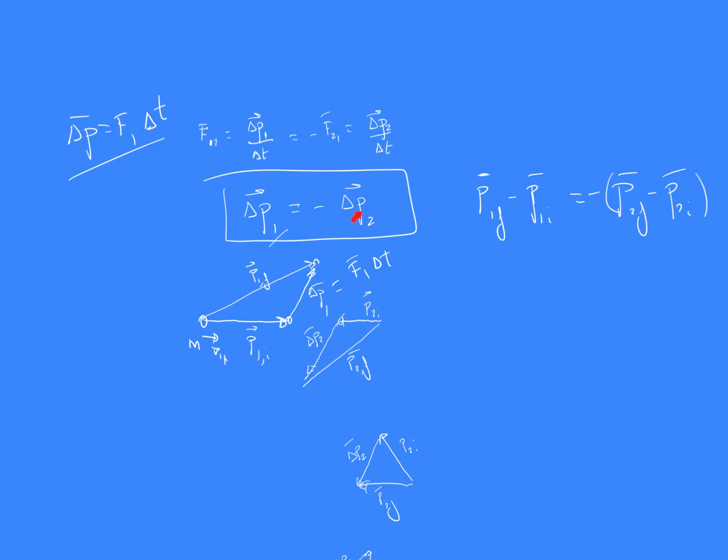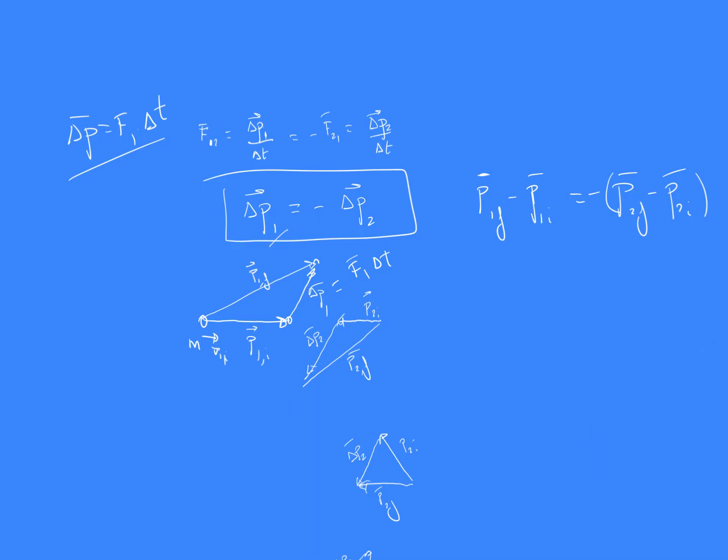This is what it says in this equation. So P2 plus the change in P2 will be P2 final. So if you start a problem with P1 going to the right and P2 going like this, and delta P1 is going to here, P2 will go in this direction. P2 final will end in this direction.